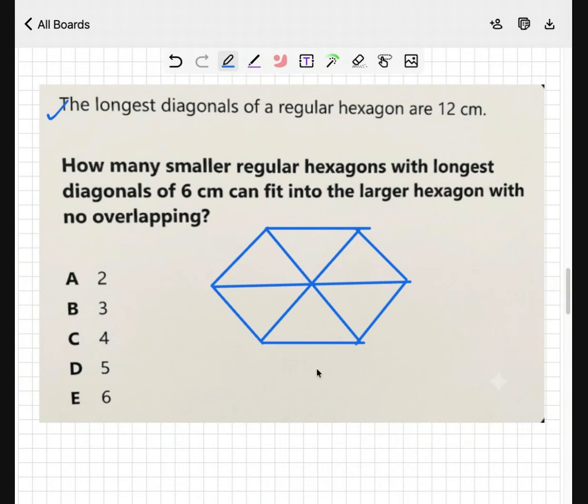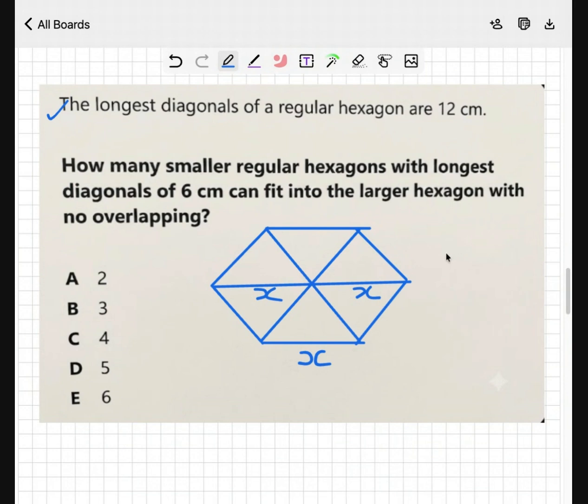But what does that mean? That means that if this side of the hexagon is x, then this has to be x, because this is also a similar equilateral triangle. And this has to be x as well, which means the longest diagonal in a hexagon is double the side of the hexagon itself.